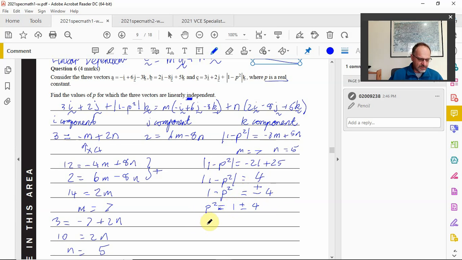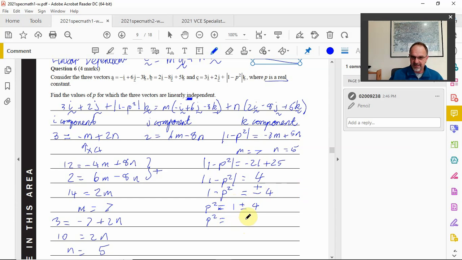All right. So p squared is 1 plus or minus 4, and p is an element of real numbers.